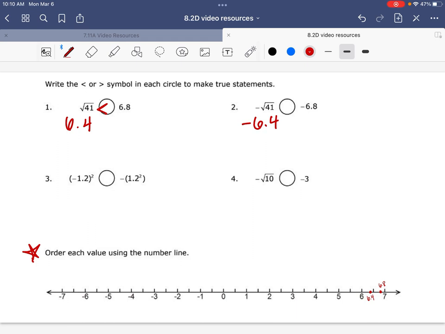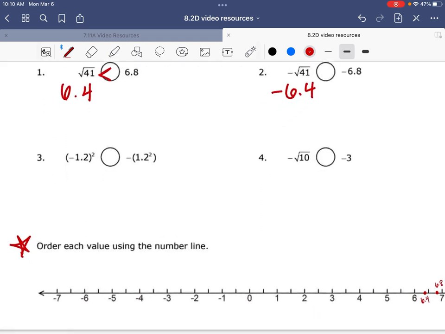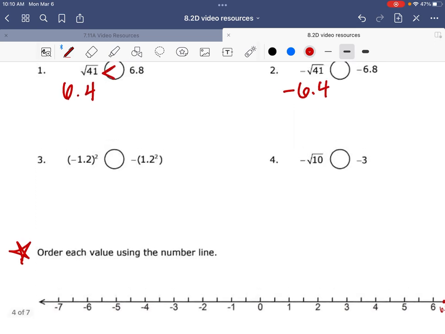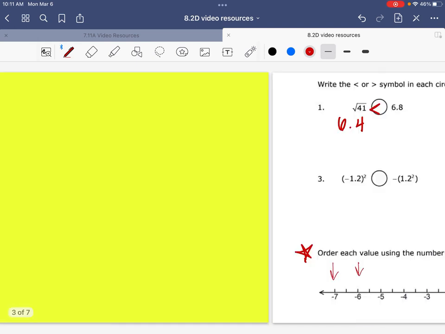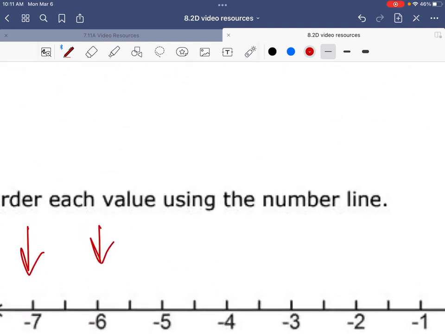But if we take a look and we go and graph them on the number line, we have negative 6.4 and negative 6.8. So right here is negative 6. And then right here is negative 7. Negative 6.4 is going to go right before negative 6.5.